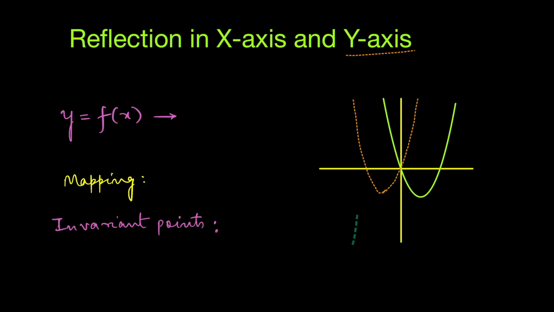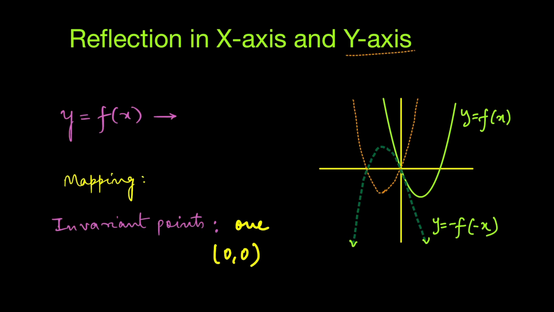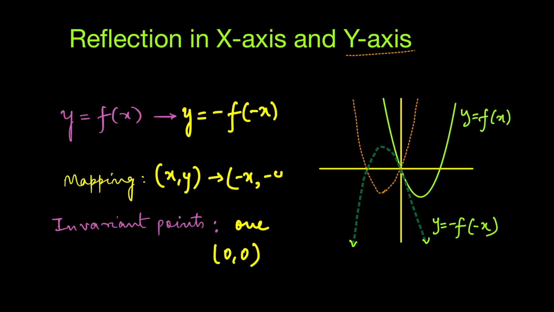So we draw it this way. So this is the given, and this one is the final. y is equal to negative f of negative x. So now you can see that the final graph and the original graph both pass through origin. So that means there is invariant point 1, which is (0, 0). Here the equation will be the same, y is equal to minus f of minus x. Mapping will be (x, y) changes to (minus x, minus y).